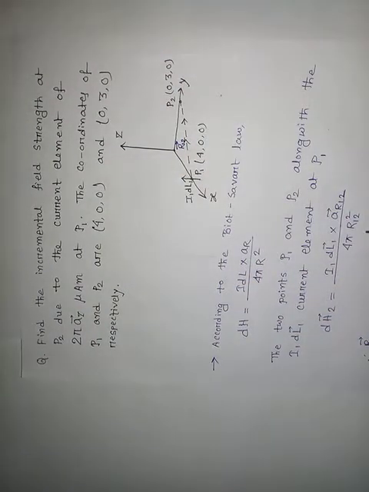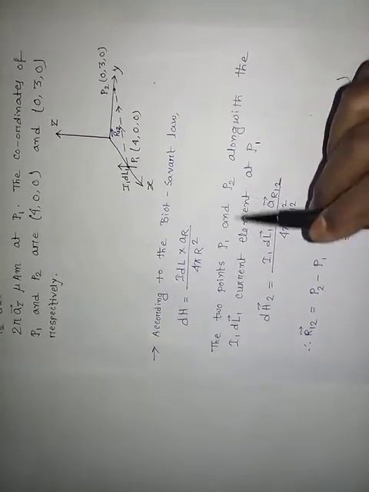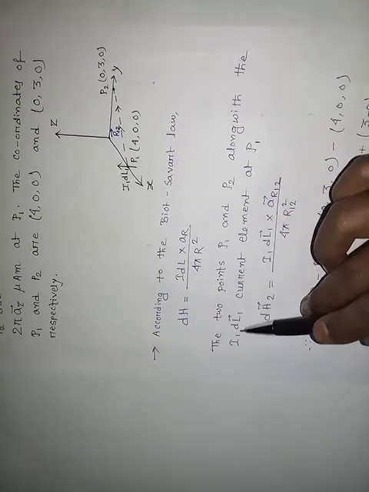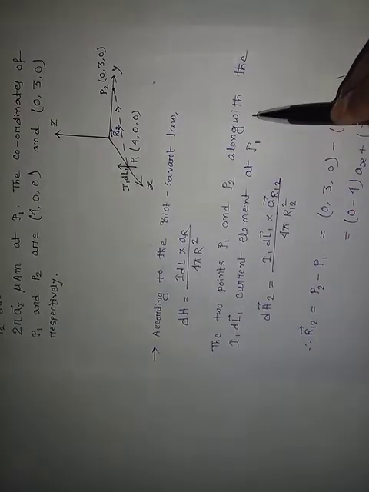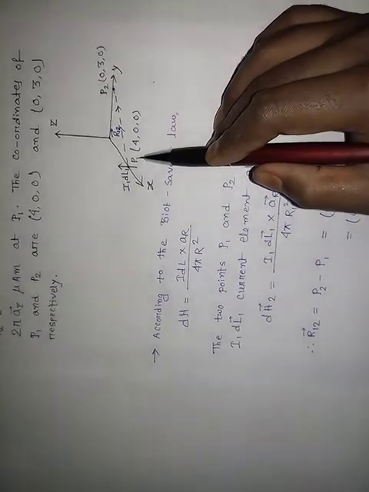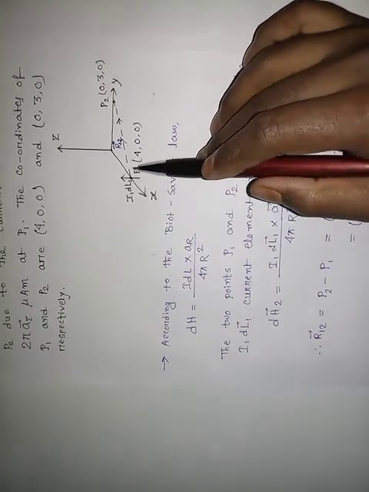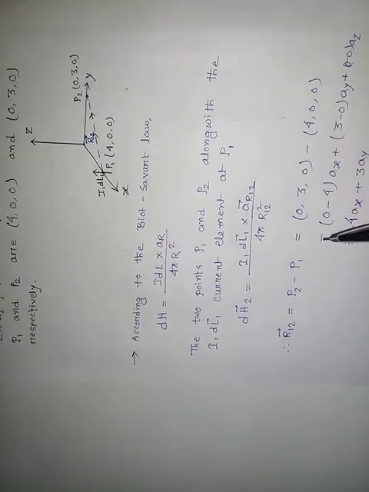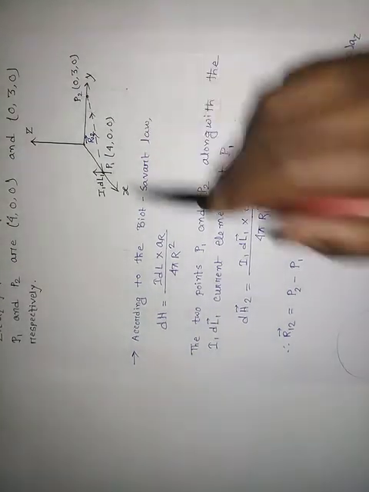So see, our formula is from the Biot-Savart law. We know dH equals I dl aR by 4 pi r square. The two points P1 and P2 along with I1 dl1. From the P1 point, we consider the I1 dl1 current element at P1, and we are finding the field at point P2.